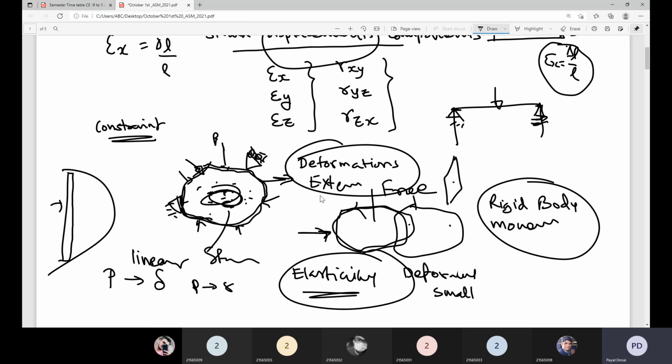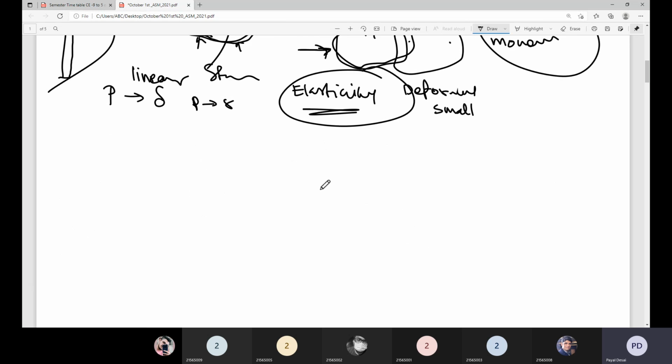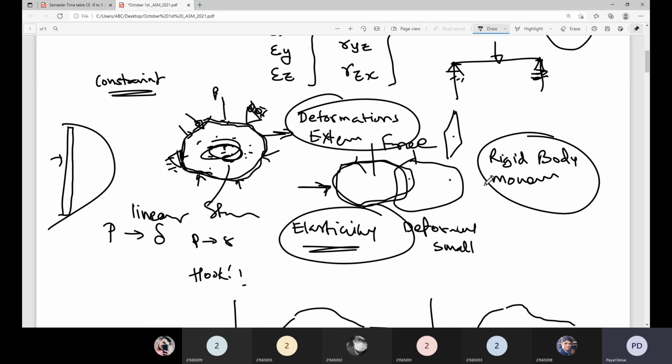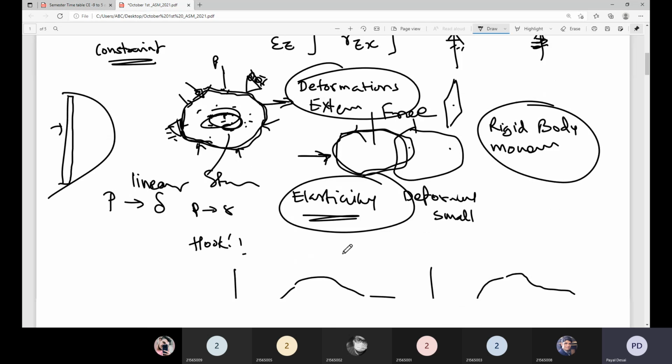We have that graph also, delta and P, or stress versus strain. So we have linear, and then something like this. And we still follow basically Hooke's law. So geometrically non-linear structures will not be considered in this course.